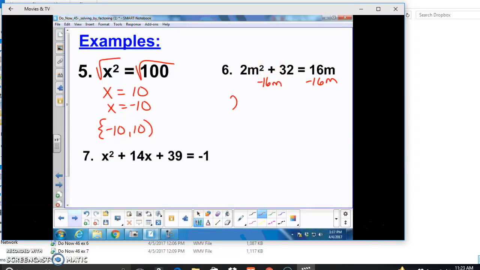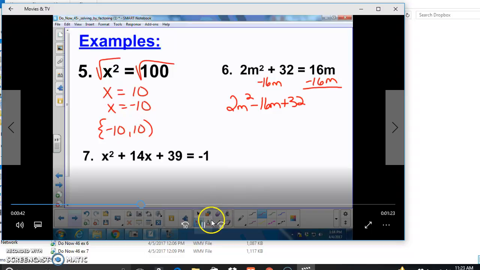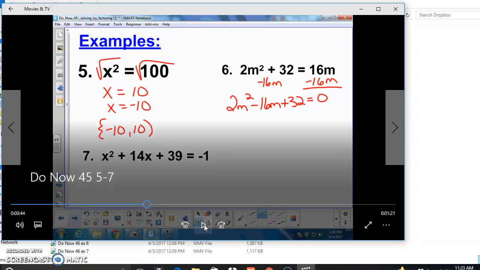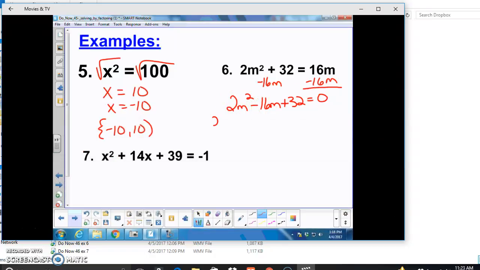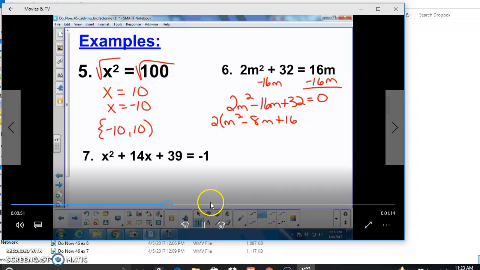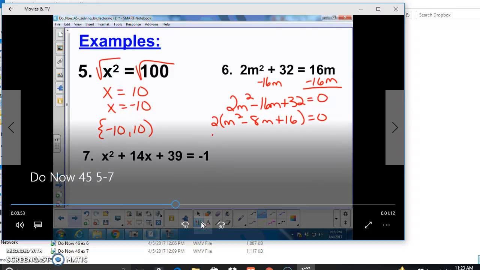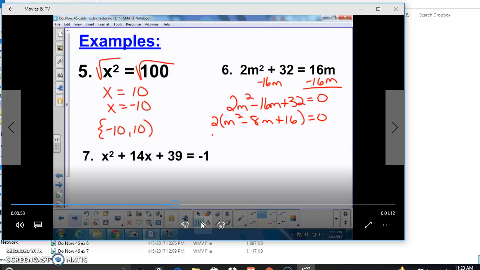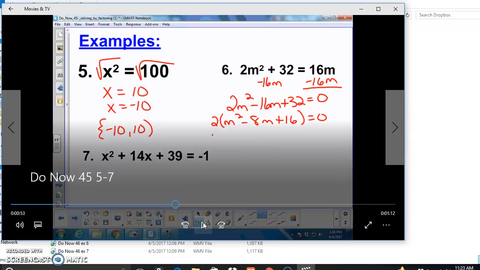So 2m squared minus 16m plus 32 equals 0. Then we're ready to start our factoring process. And I do notice that 2 would come out of the 2, the 16, and the 32. So I'm going to start by factoring out the 2. And then we end up with m squared minus 8m plus 16 equals 0.